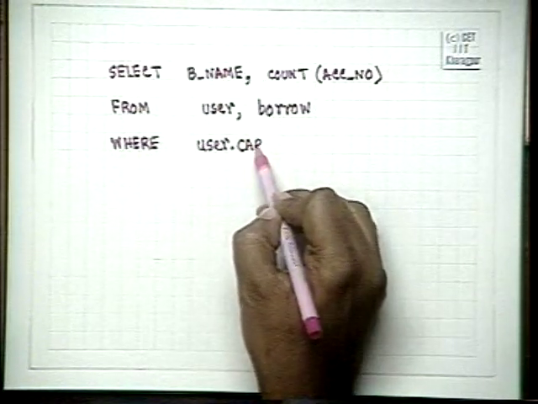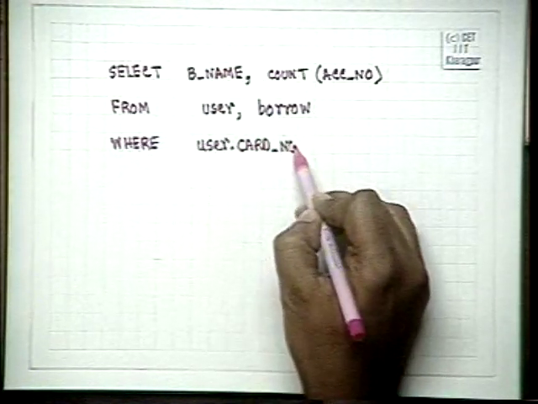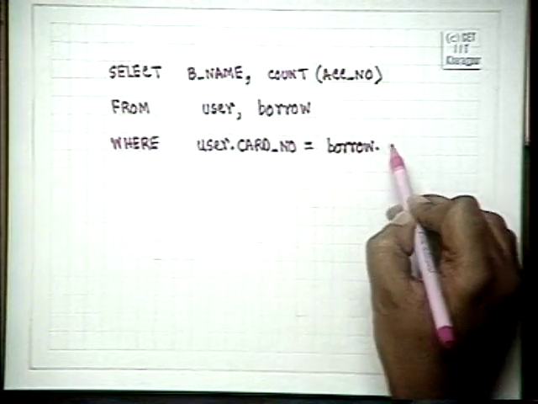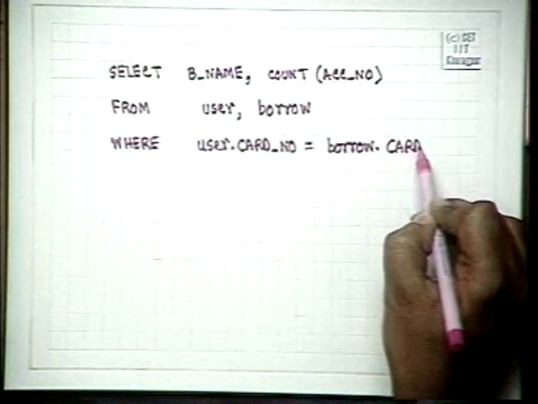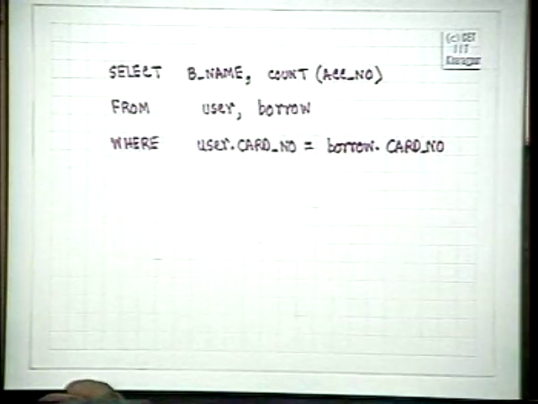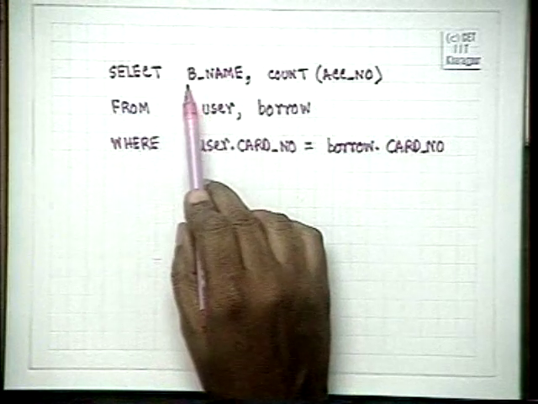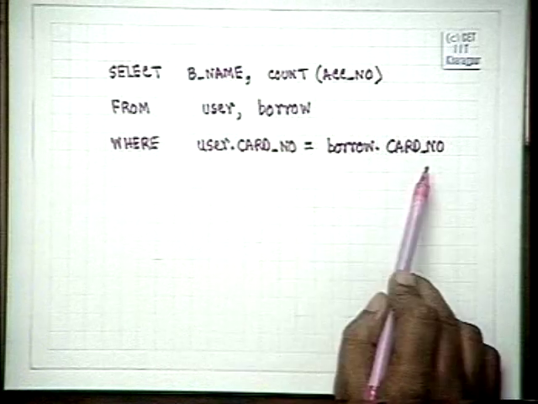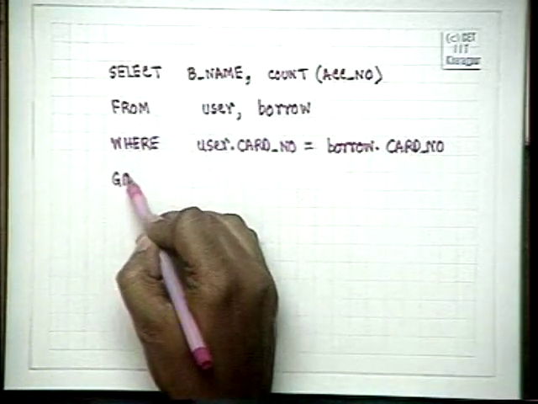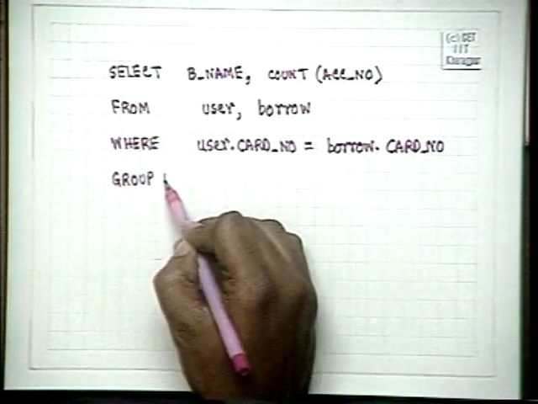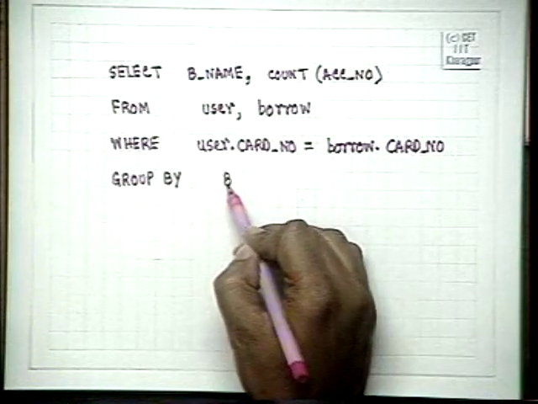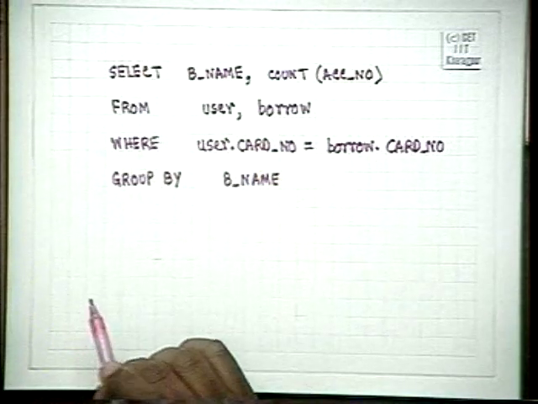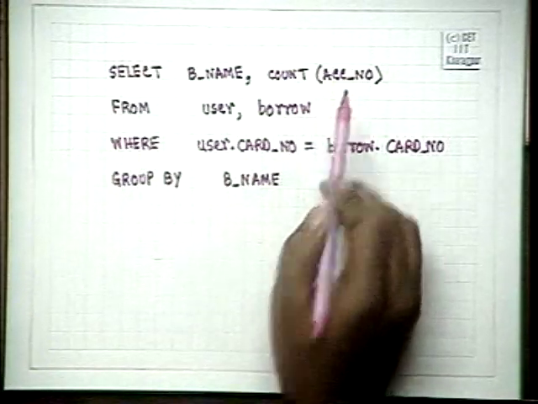User.card number is equal to borrow.card number. This is how we have got the names of all the borrowers. We will group it by B name and count out the accession number.